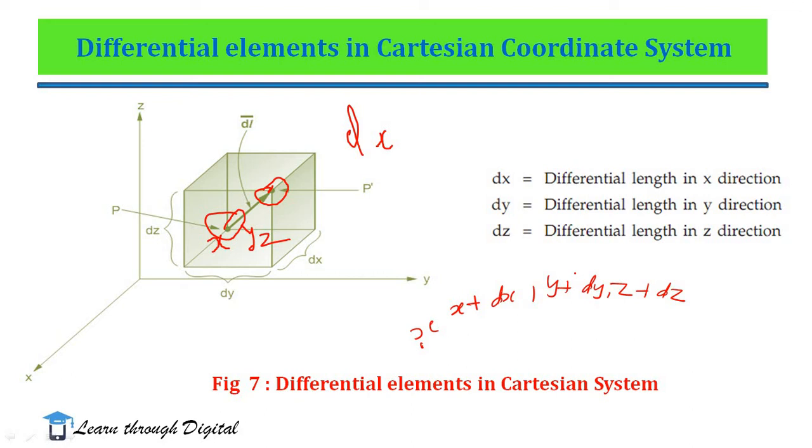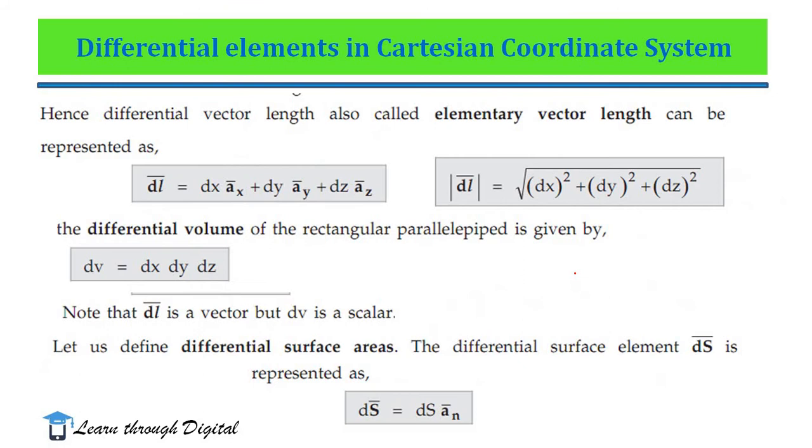Hence the differential vector length, also called elementary vector length, can be represented as dl vector is equal to dx ax vector plus dy ay vector plus dz az vector. So from this we calculate the magnitude of differential length vector.